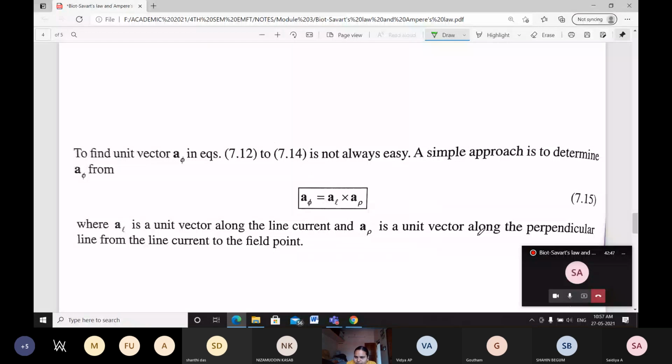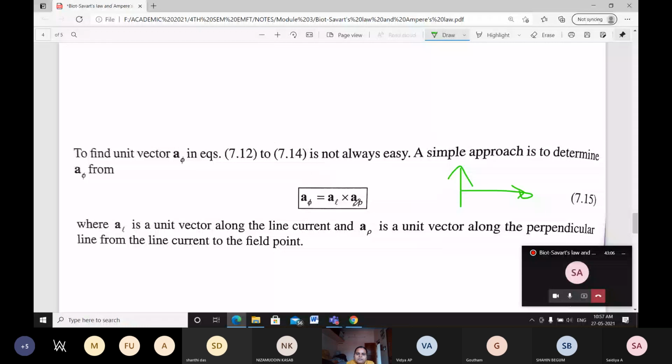Looking from the field point to where the line current is moving, that is the direction to go. So a phi is AL cross A rho. This is all about our Biot-Savart's law.